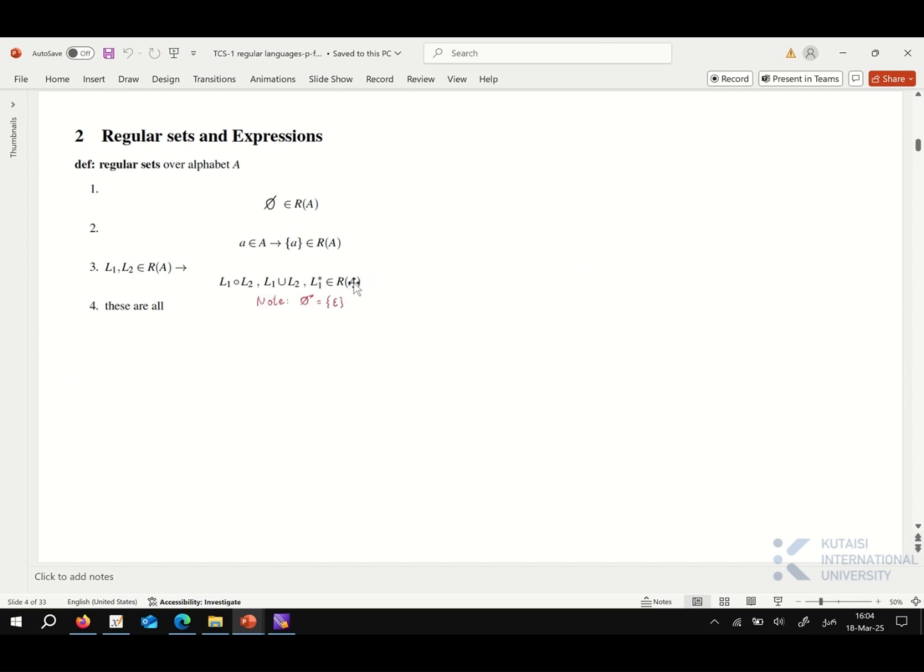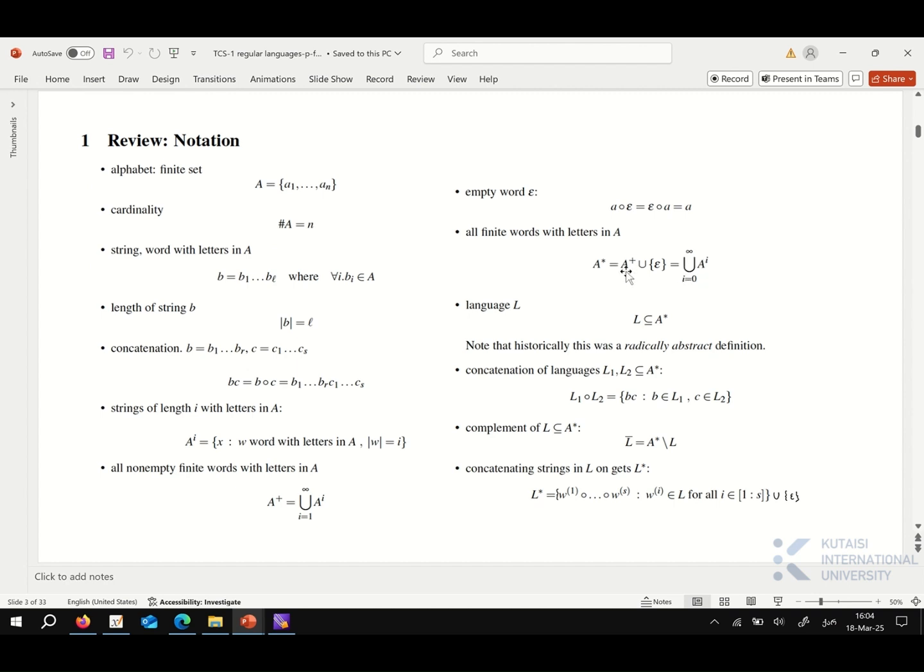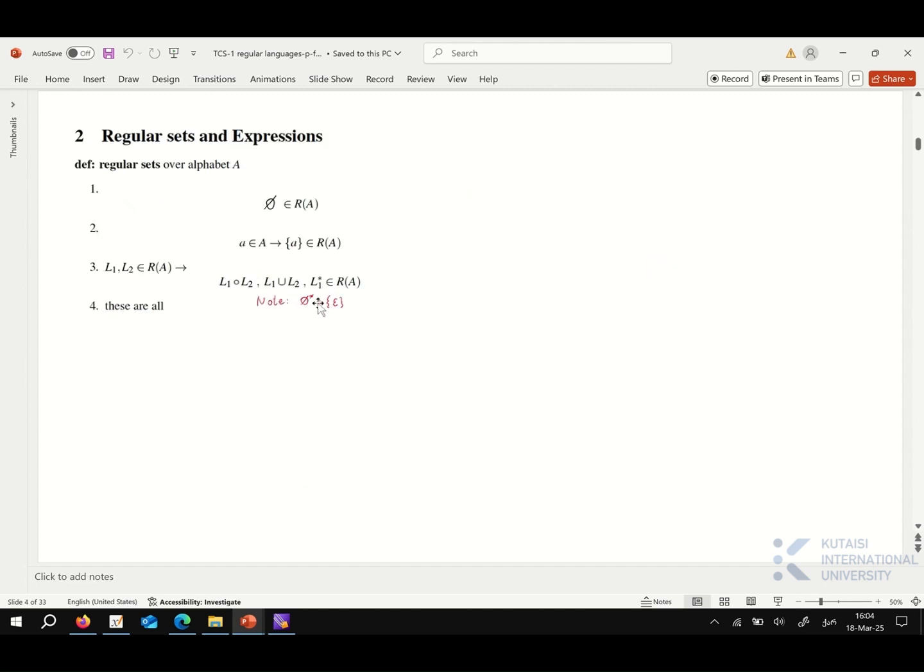In particular, the star of an empty language is epsilon, because by the definition of star, star is what? All strings built from your language. If your language is empty, there are no strings in there, so you cannot construct strings from the empty language. But you take a union with epsilon. So the star of an empty language will be epsilon. You can see it here.